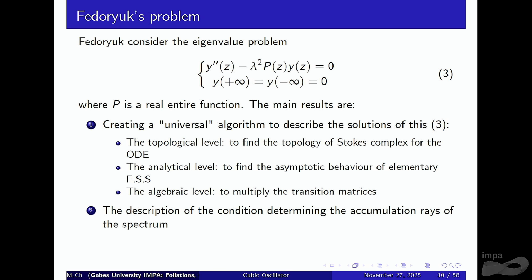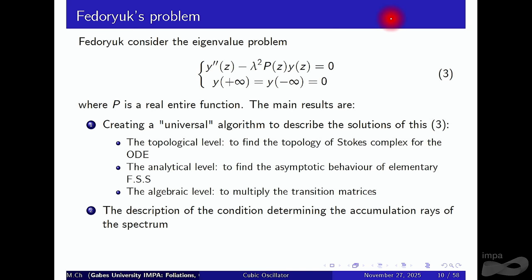In the second point, Fedoruk gave a description of the condition determining the accumulation rate of the spectrum. When the spectrum is a sequence lambda n, does this sequence accumulate near a given ray?